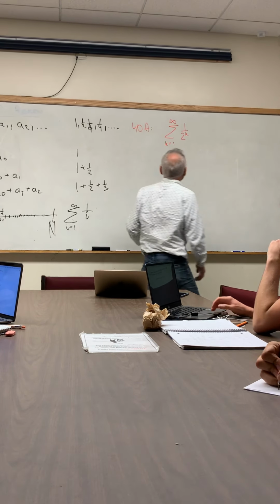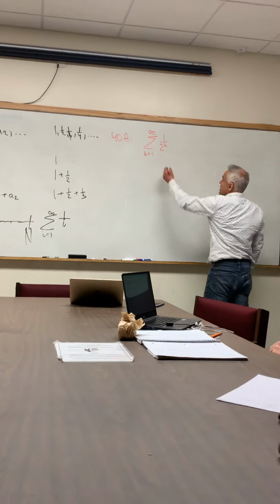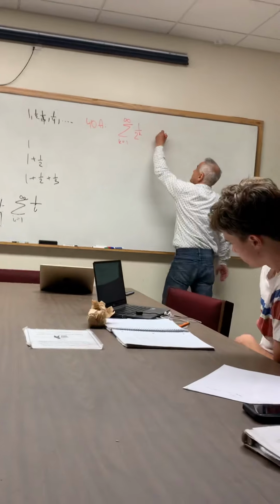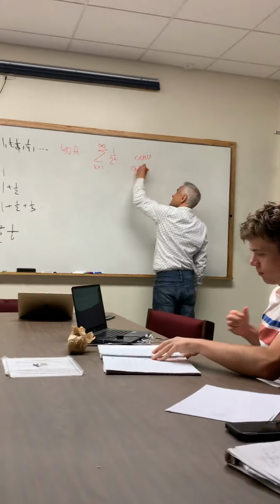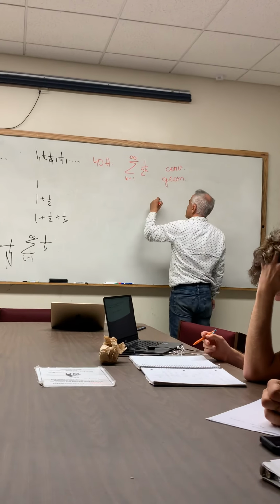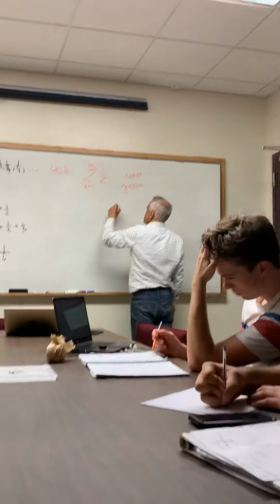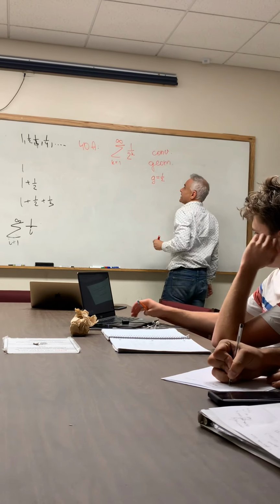But they just ask you to say whether it's convergent or divergent. So this series converges because it's a geometric series with, let's say, G being 1/2.